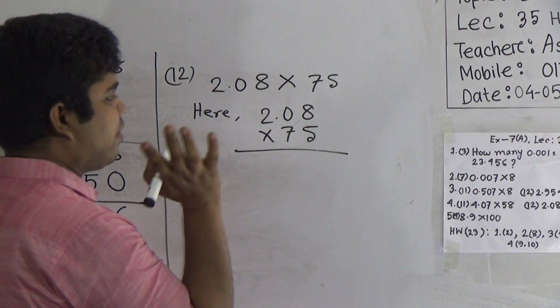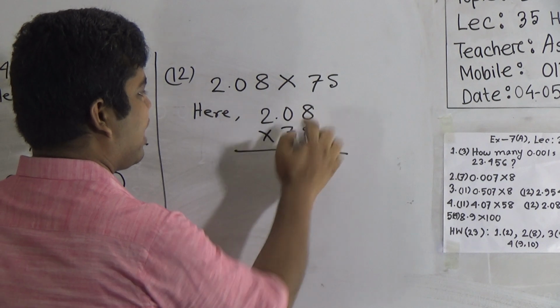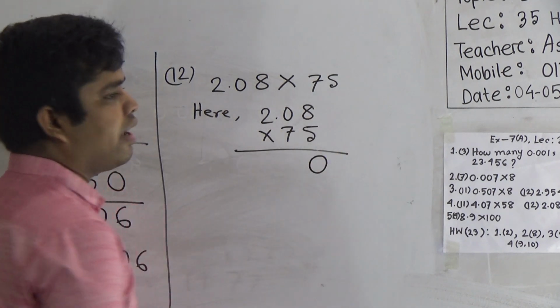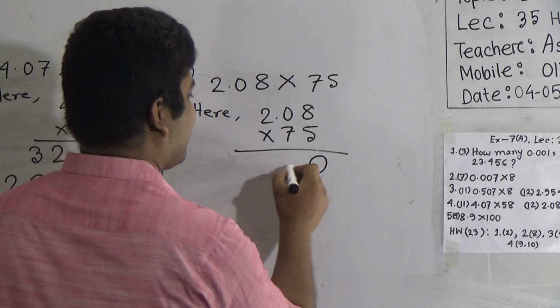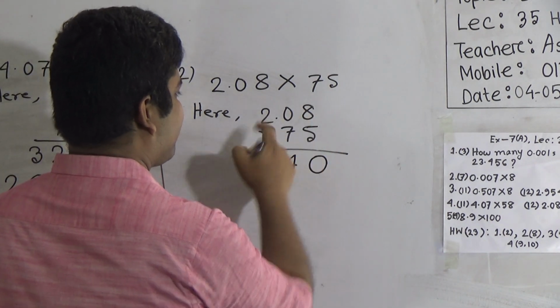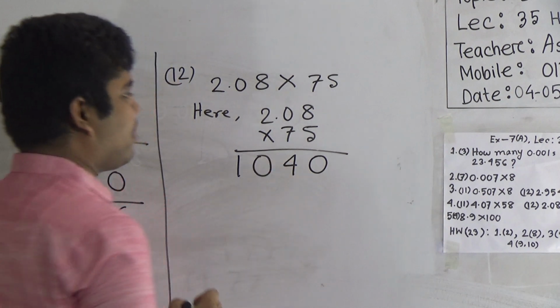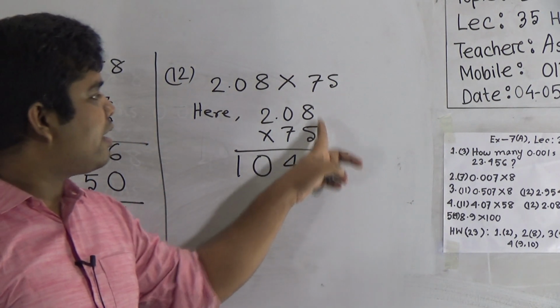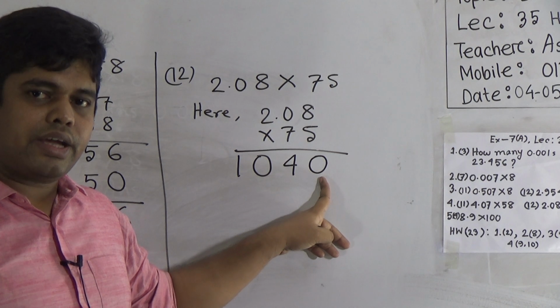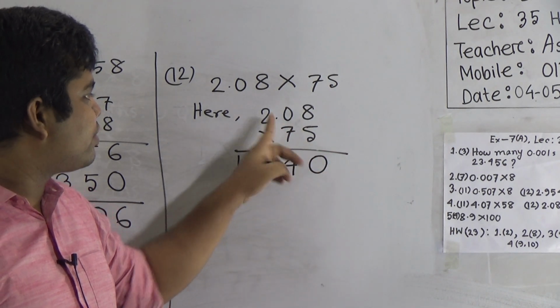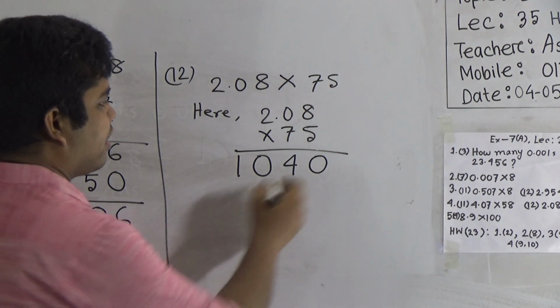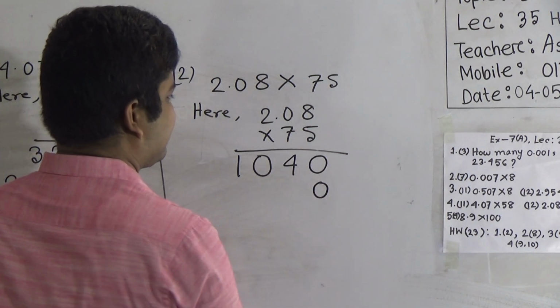So at first we consider there is no point. 5 8s are 40. From 40 I write here 0, carrying 4. Now 5 zeros are 0 plus 4, 4, and 5 2s are 10. I hope you have understood. As the ones place is done, we write here 0.